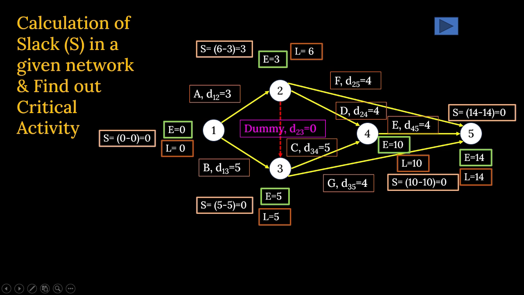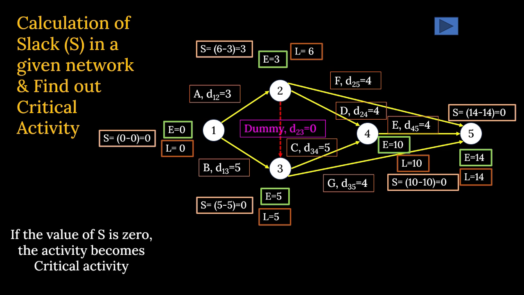So we have calculated this, and depending on these, we have mentioned in our earlier slide that if the value of S is 0 at any node, then that activity becomes critical. So we can see that in node 1 the value of S is 0, and node 3 the value of S is 0.